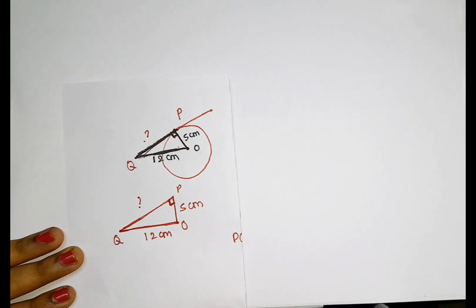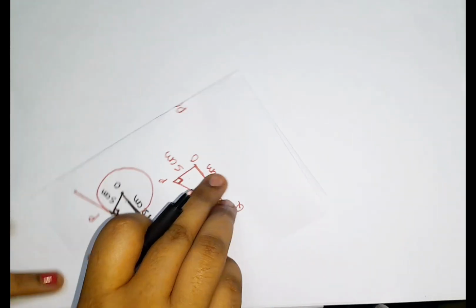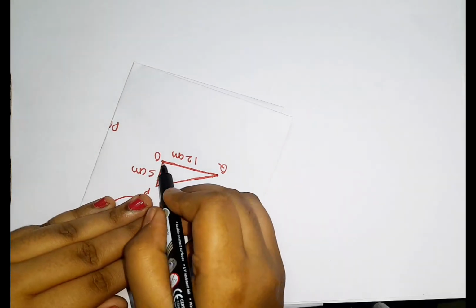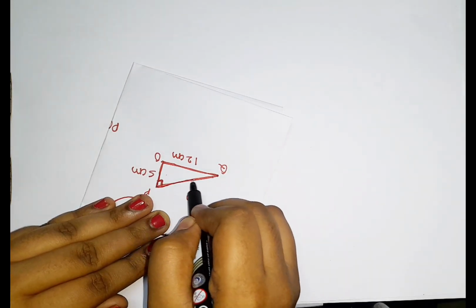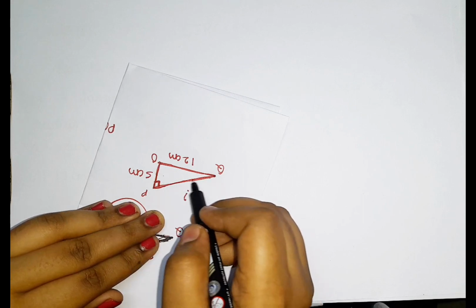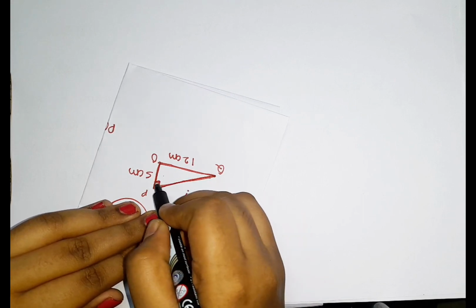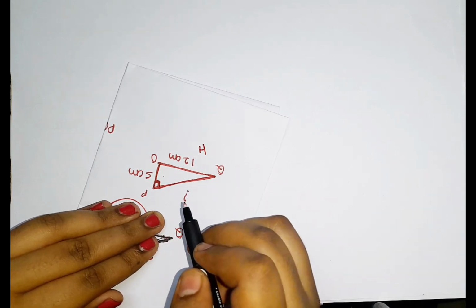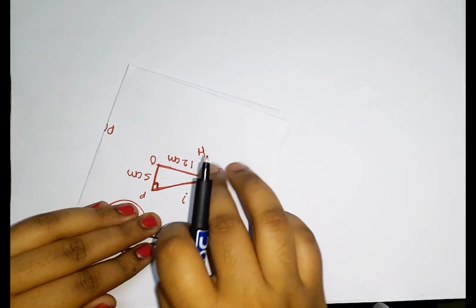You might be wondering how it is possible. Just flip the paper. Now do you see a triangle? This is the actual triangle OPQ. In this triangle OPQ, this is 90 degrees, and the side opposite to 90 degrees is the hypotenuse.